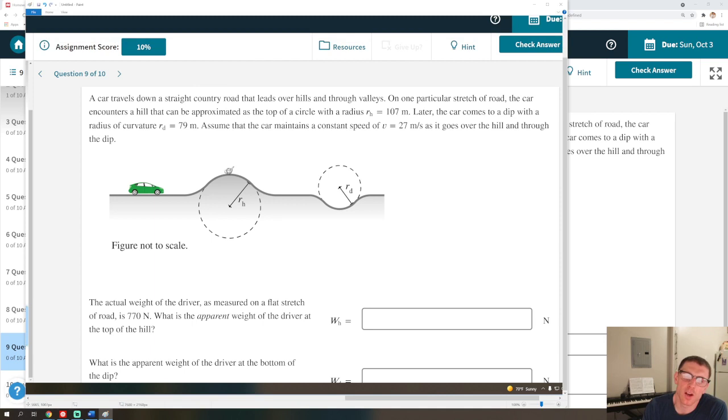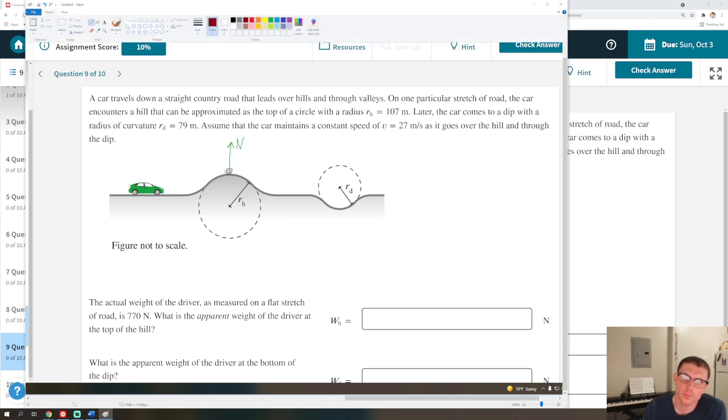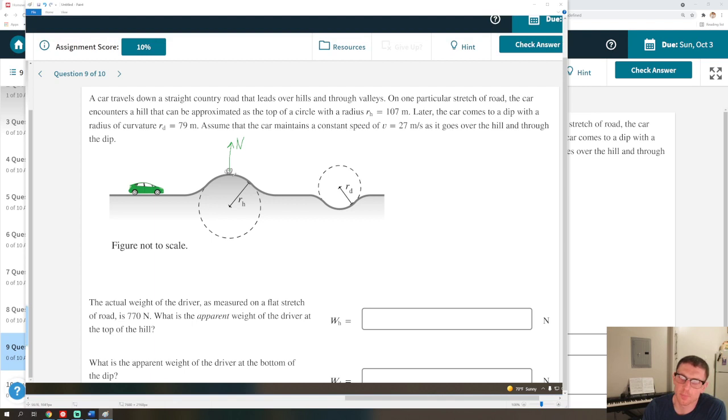But what we would find here is just that there is a normal force, I'll call this big N, and then the gravitational force pointing down, right? And that's it.